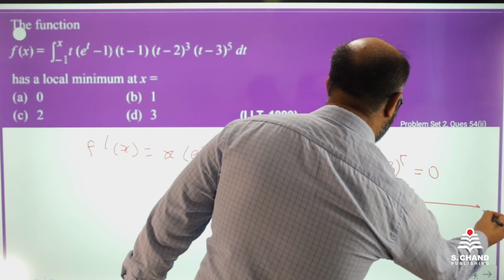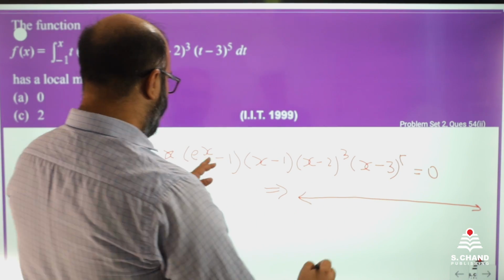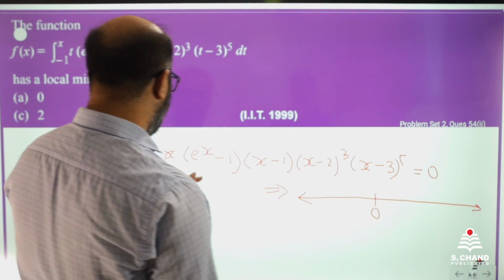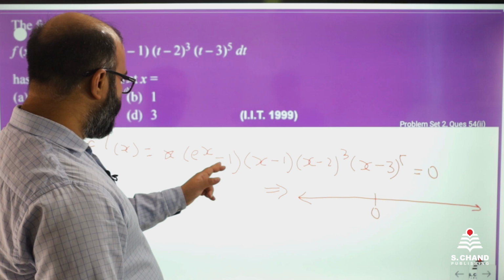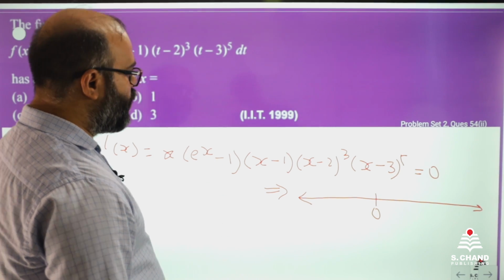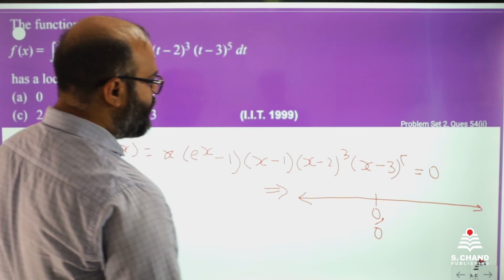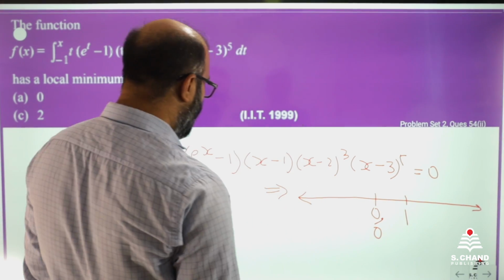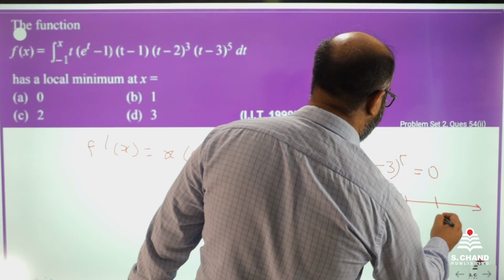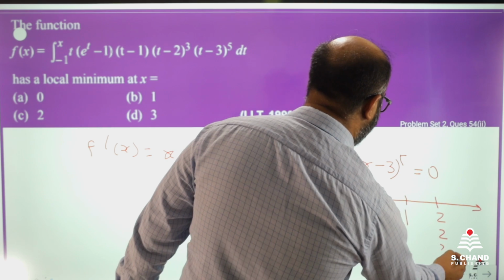Let us draw the sign scheme. e to the power x minus 1 will become 0 if x is equal to 0. So 0 is coming 2 times here. x is equal to 1, x is equal to 2 is there, and it is coming 3 times.